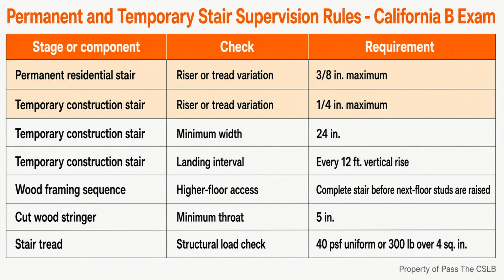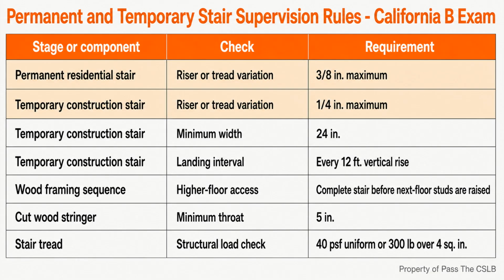I do not wait for finished work to discover that the access route was never completed or that temporary geometry drifted beyond the allowed tolerance. The stringer itself still has to remain structurally sound after layout. A cut stringer acts like an inclined beam with repeated notches removed for treads and risers. After those cuts, at least 5 inches of continuous throat depth should remain along the uncut portion.